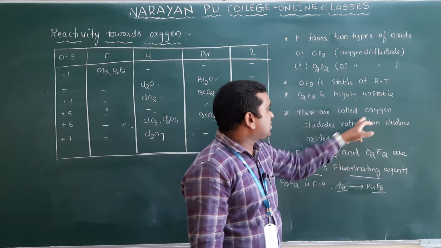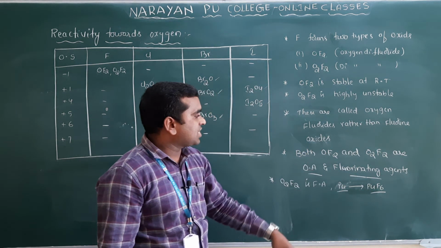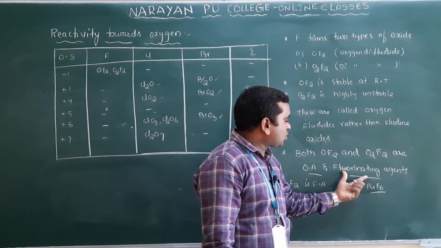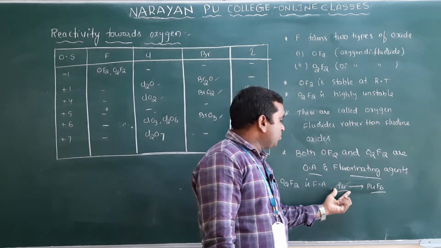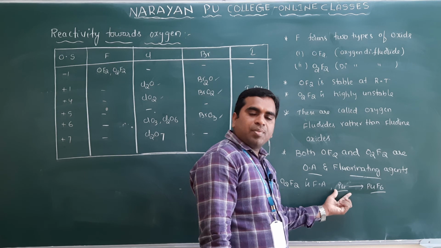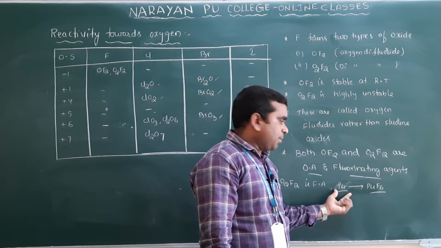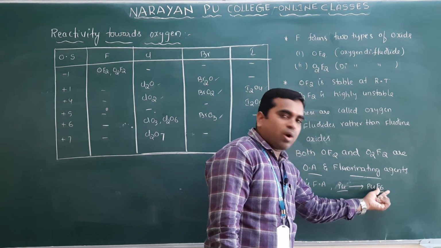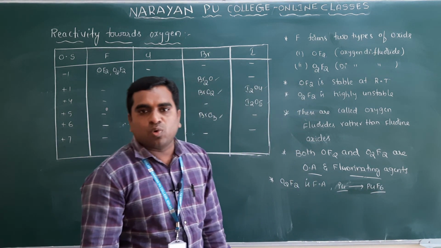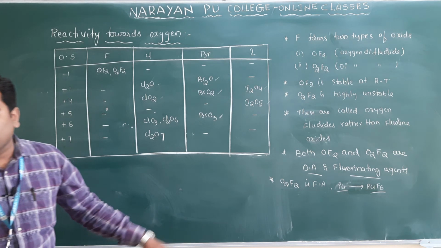These are called oxygen fluorides rather than fluorine oxides, and both are strong fluorinating agents. That's why O2F2 is used to remove plutonium, in the form of plutonium hexafluoride, from the spent nuclear fuel.